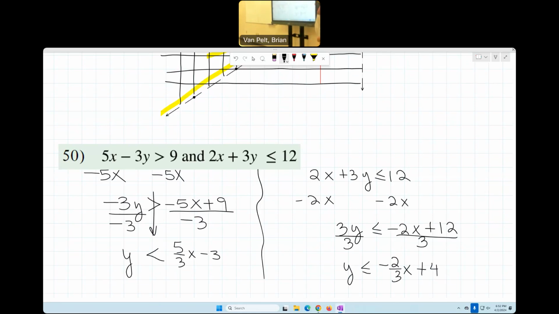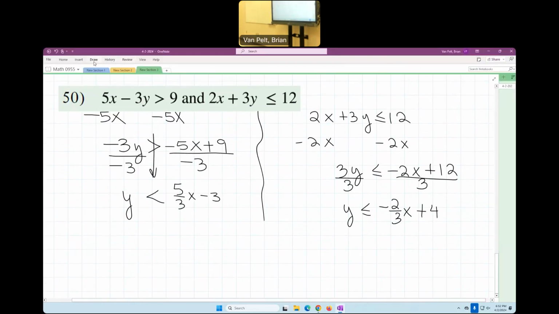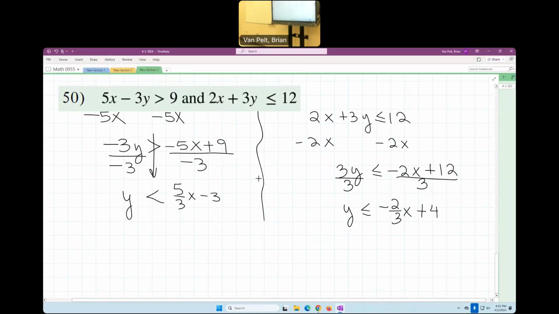So most of the problems are going to require you to do something like that at the beginning, unless they're already given in the desirable format. Draw it down here.